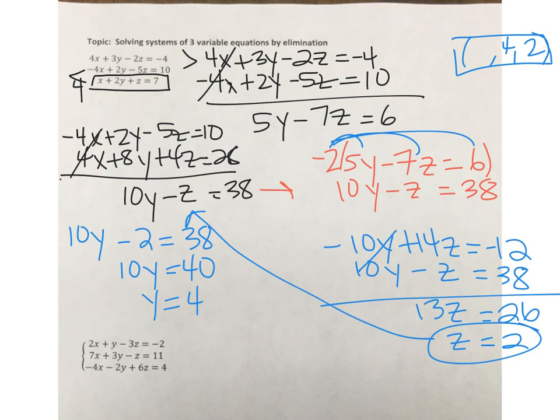I'm going to use that top equation. x plus 2y, but instead of y, I'm going to put in the 4, plus z, which is 2, equals 7. So I have x plus 10, because this is 8. x plus 10 equals 7, which means if I subtract the 10 over, x equals -3. So my final solution set is -3, 4, 2.